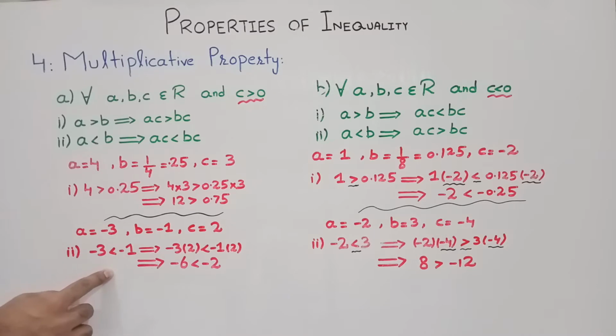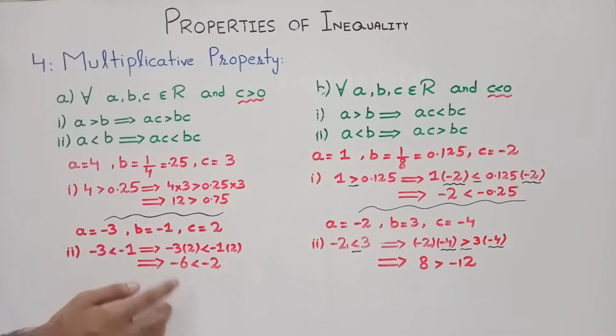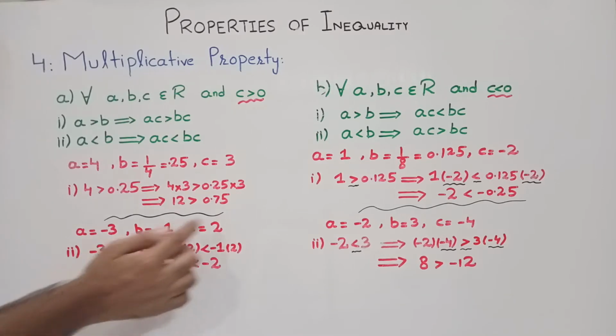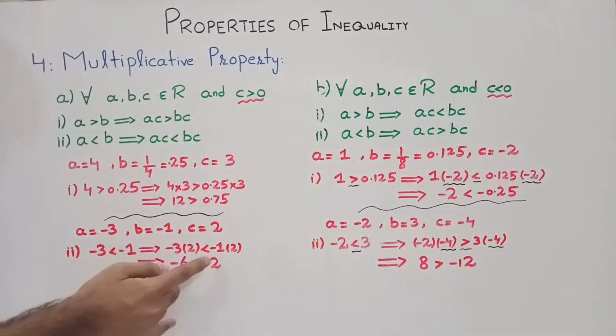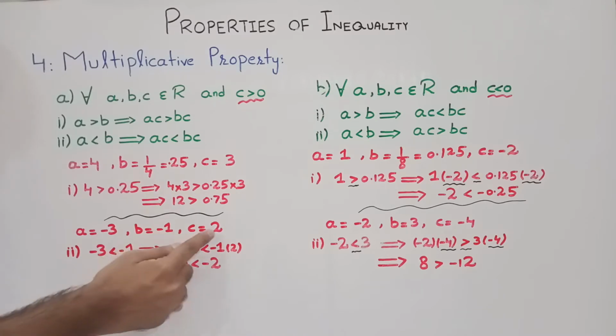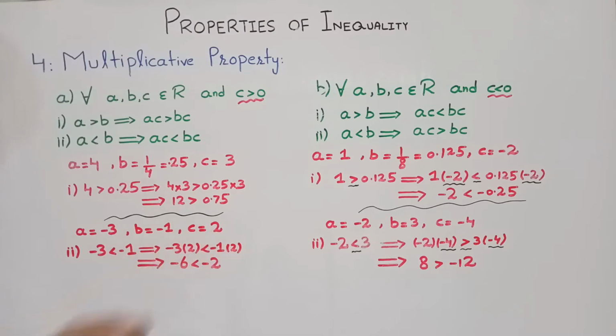As a result of the product of a and c, we will get the result minus 6. Minus 3 into 2 is equal to minus 6. And as a result of multiplication of b and c, we will get the result minus 2. The product of minus 1, b, and c, 2 is equal to minus 2.